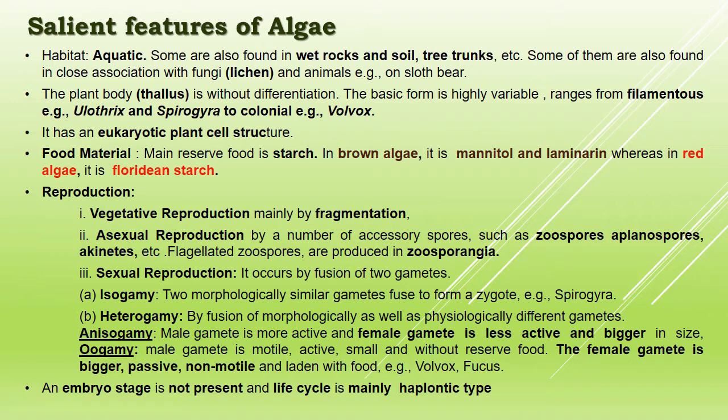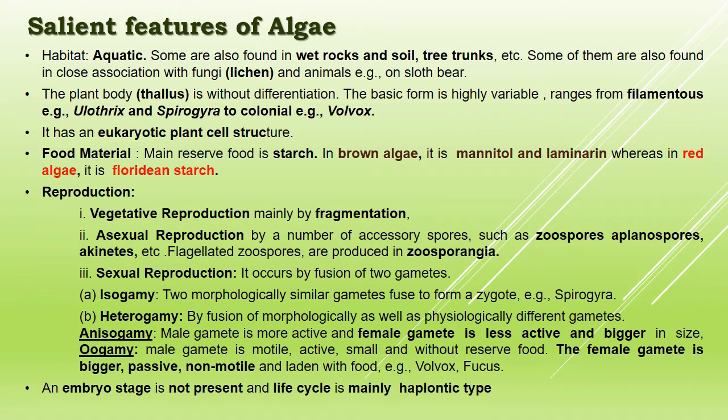Sex organs are not jacketed and are unicellular. Sexual reproduction takes place through the fusion of gametes. It may be isogamous, anisogamous, or oogamous. In isogamous, two gametes are similar in size and either both are flagellate or both are non-flagellate, but physiologically they are different from each other.